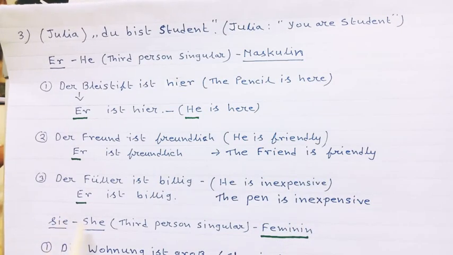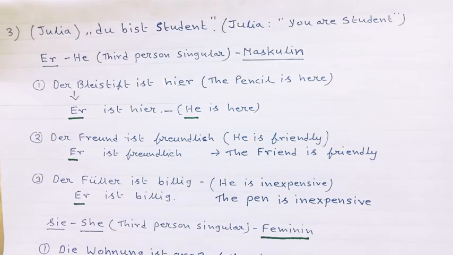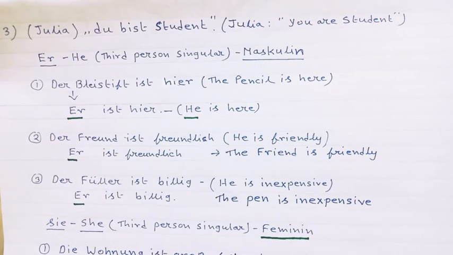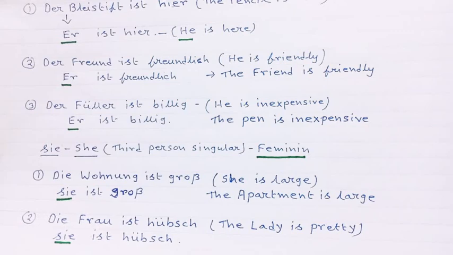Sie, that is she, third person singular feminine. Die Wohnung ist groß. The apartment is large. Or sie ist groß.